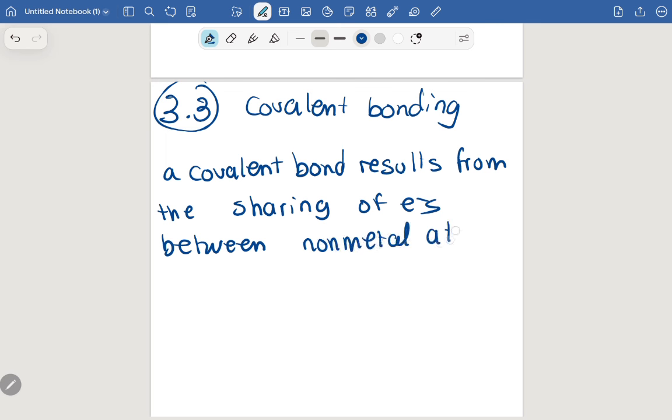It is an electrostatic force of attraction between the nuclei of the atoms and the shared electrons.